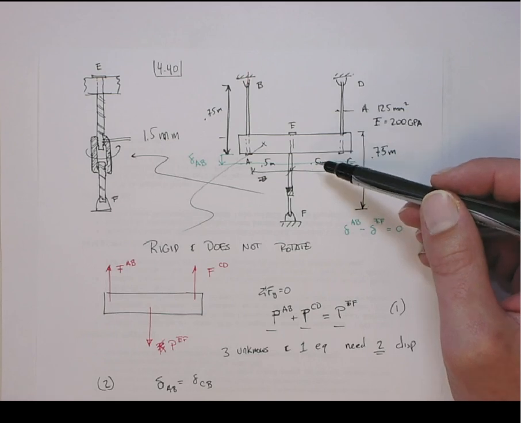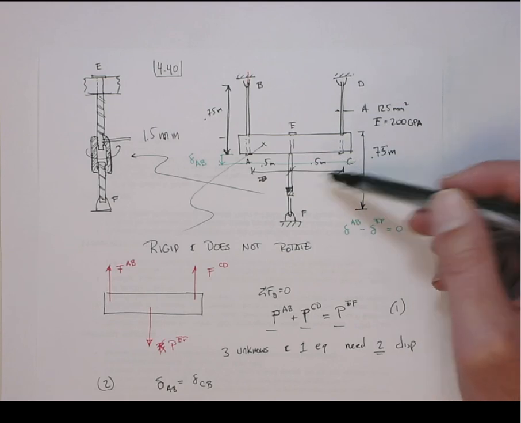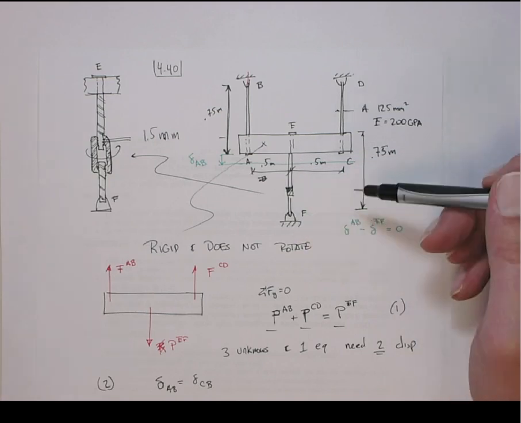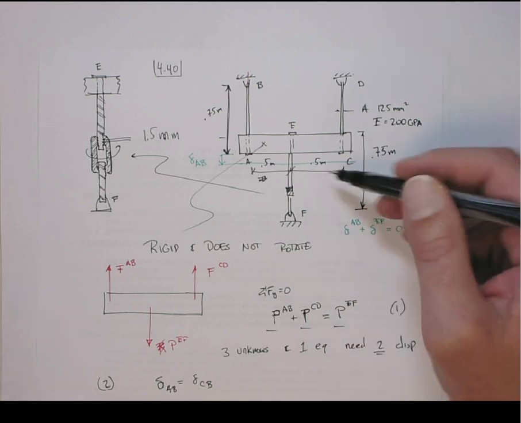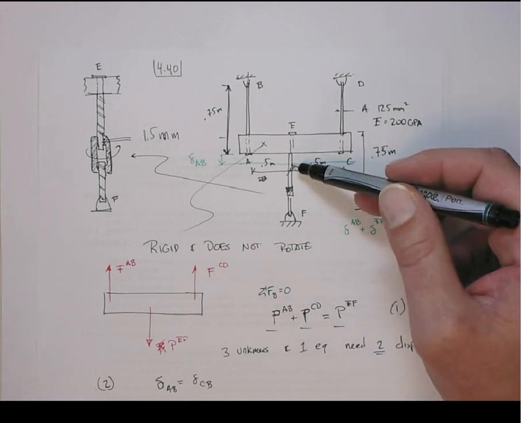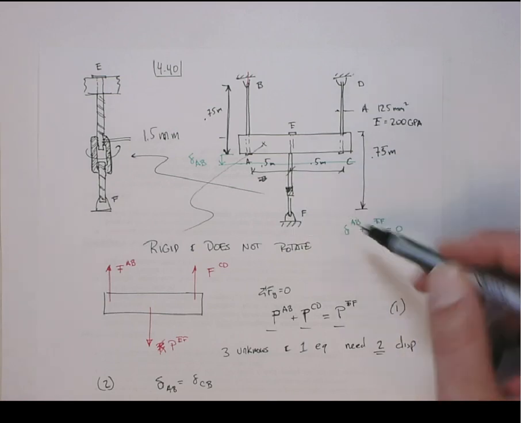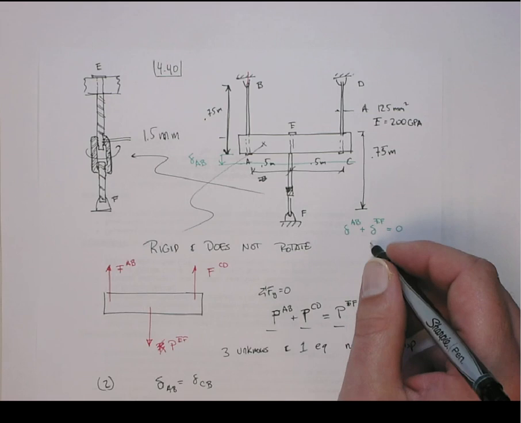It sags down. This one stretches by delta AB, which equals delta CD. So that one plus the elongation of EF has to equal 0, okay? So we infer that this is probably going to be a negative elongation, right?